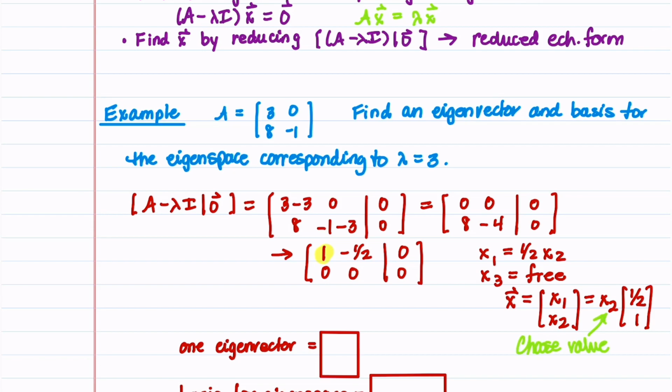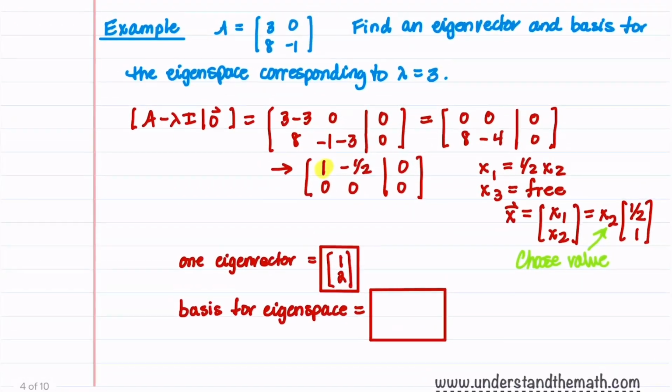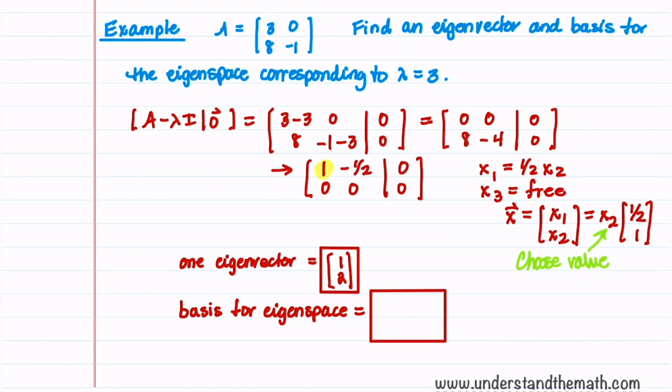I always try to choose the value that's going to make things more simple. So in this case, let's choose x2 to be 2, so the fraction's going to go away. So one eigenvector is going to be 2 times 1/2, which is 1, and then 2 times 1 is 2. So one eigenvector is equal to 1, 2. Our basis for our eigenspace is going to contain this eigenvector.